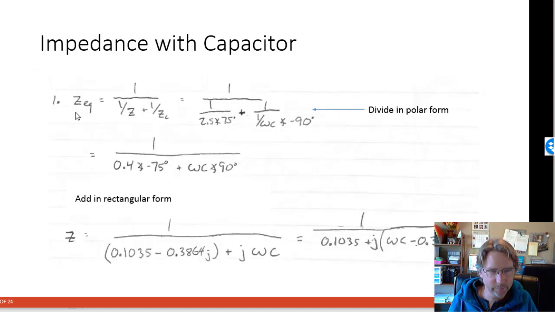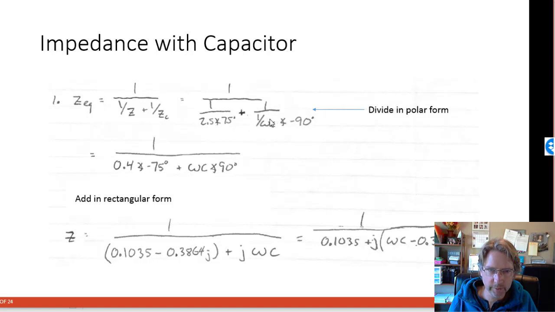So here's how I did it. We've got the impedance of our system. We've got the load Z and the capacitor's impedance. They're in parallel, so we combine them with the 1 over the 1 overs. Even capacitors combine like this because we're doing impedances where everything uses resistor formulas. So 1 over, this is the original impedance, 2.5 with a phase of 75. And the capacitor's impedance is 1 over omega c with a phase of negative 90.